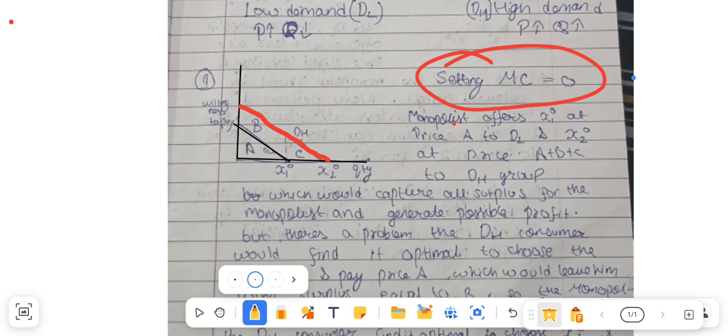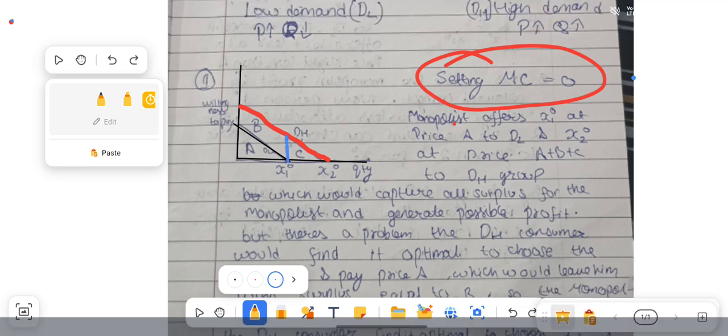So we consider the marginal cost as zero and make a small line here. So DH is the high demand group, denoted by the red line, and the low demand group's demand curve is denoted by the black line.